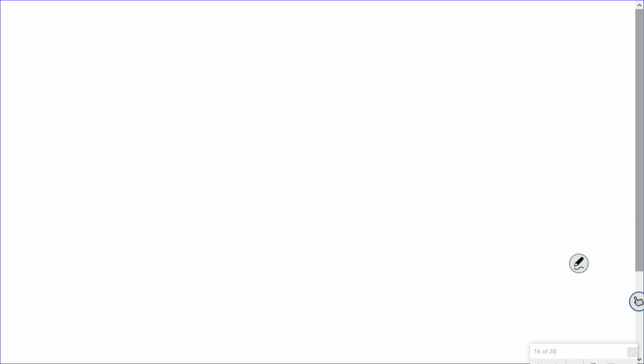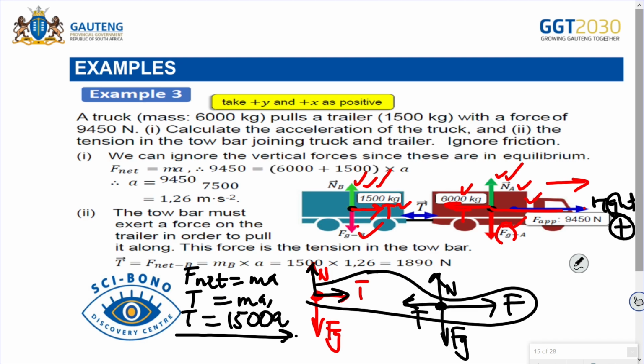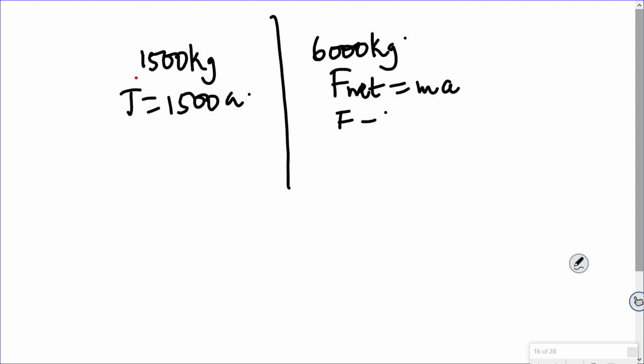So for the 1,500 kilogram object, I have T equals 1,500 A. And then for the 6,000 kilogram object, F net equals MA, so F minus T equals MA.